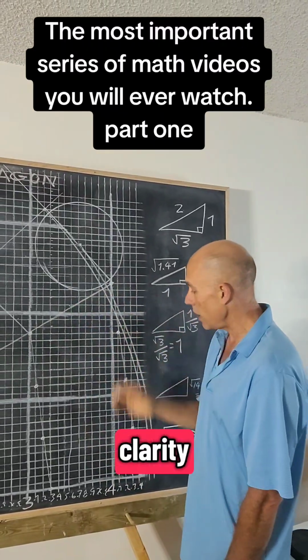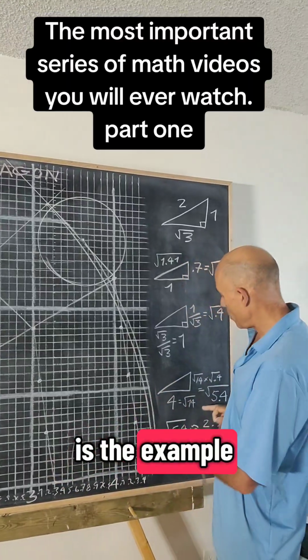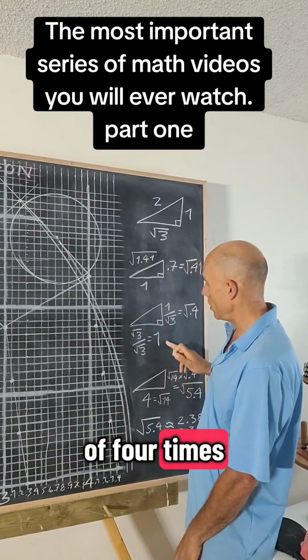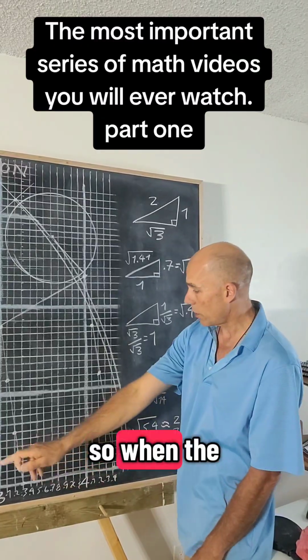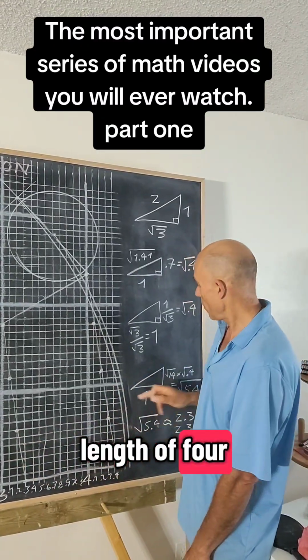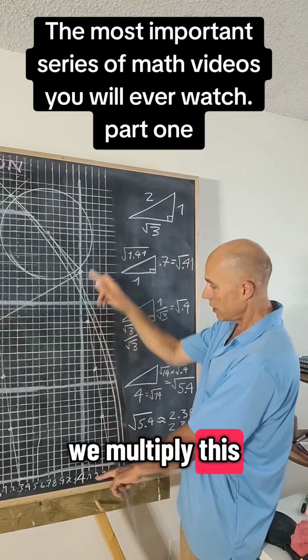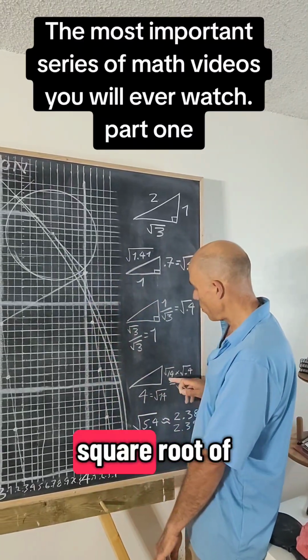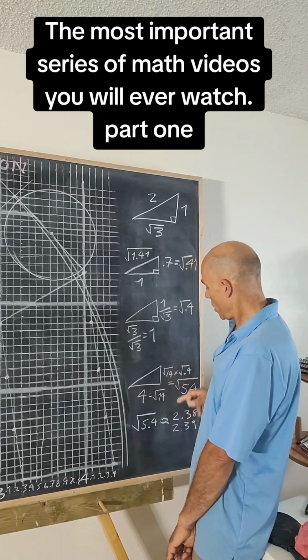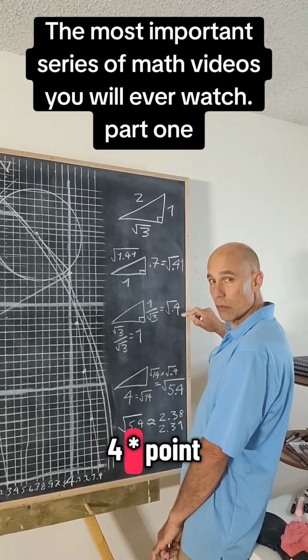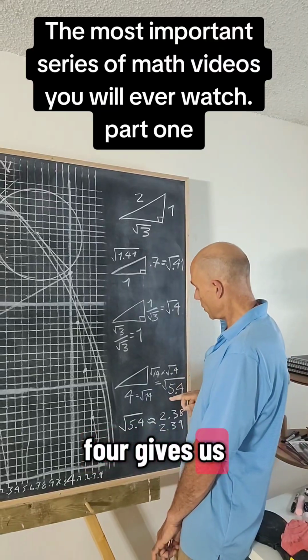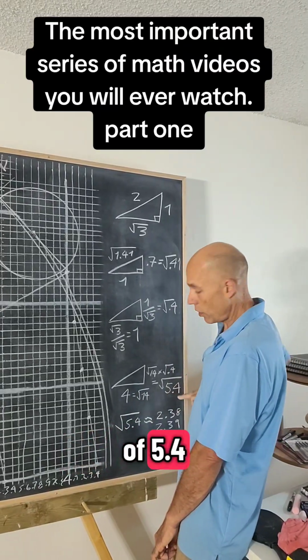And just for clarity, what I've done is the example of 4 times this triangle here. So when the base is the length of 4, we multiply this side by 4, which is the square root of 1 do 4. So 1 do 4 times 0.4 gives us the square root of 5.4.